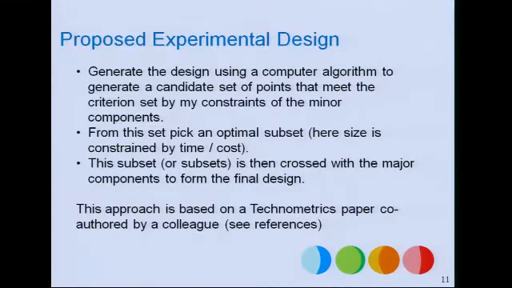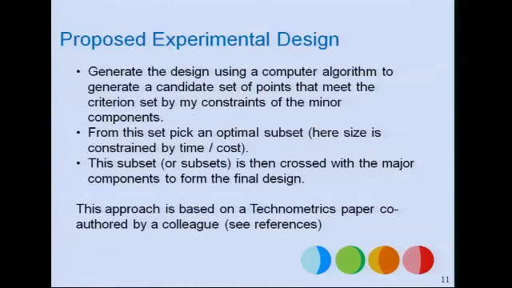So based on this paper, the process that I looked at was generating a candidate set of designs, using a computer algorithm to make this candidate set of designs based on the constraints of my minor components. Then looking at an optimal subset of that, because that candidate set was going to be big.